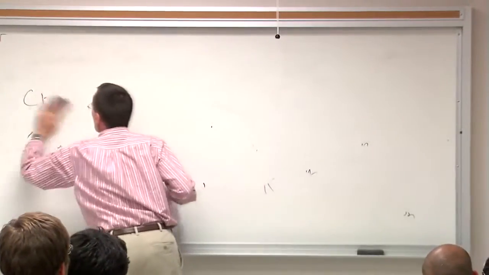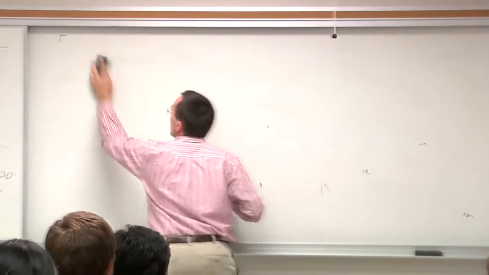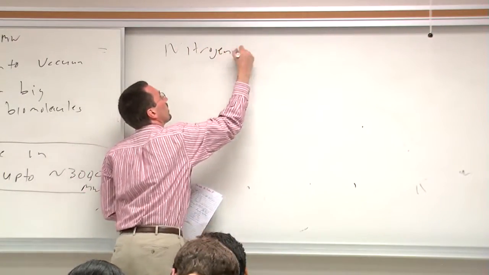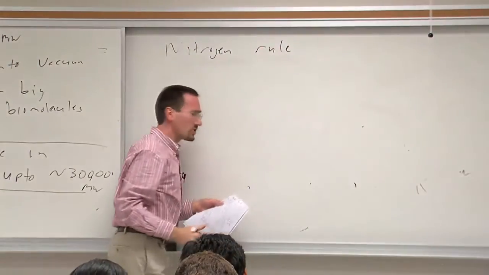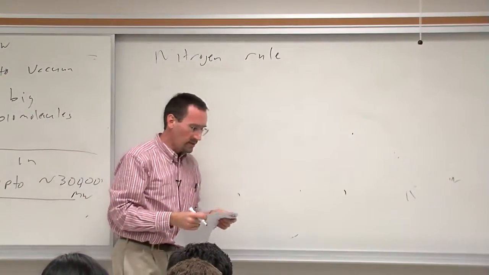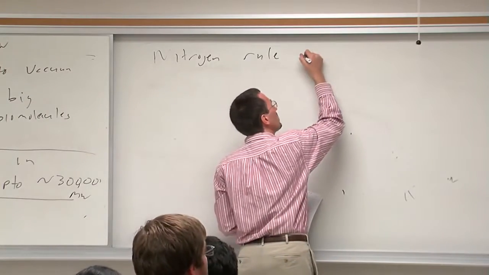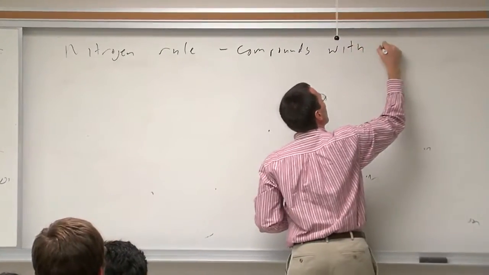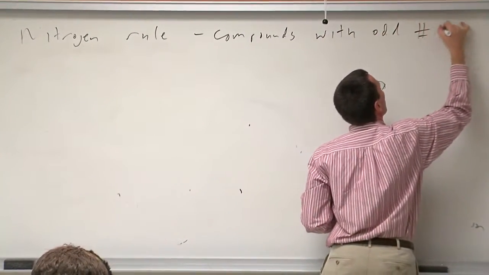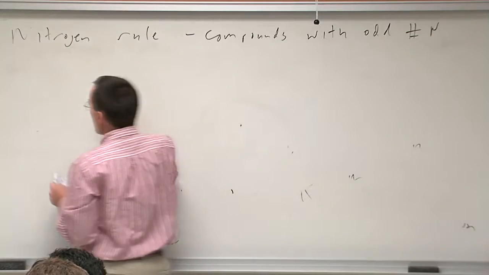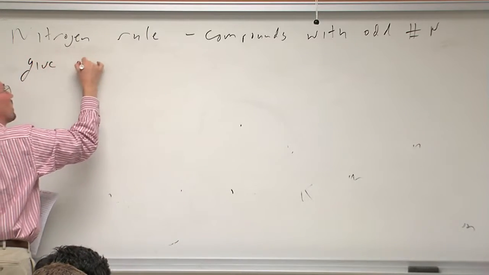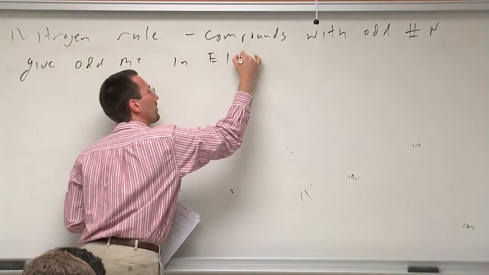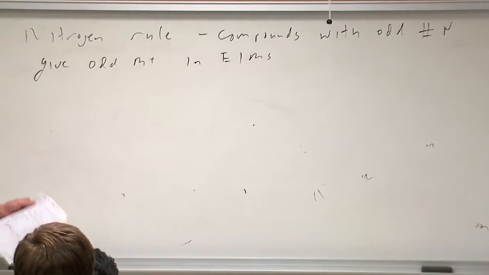It's what's often called the nitrogen rule, and I'll just play with this for a second. The nitrogen rule is that compounds with an odd number of nitrogens give odd M plus in EI mass spec. And you can convince yourself of this.